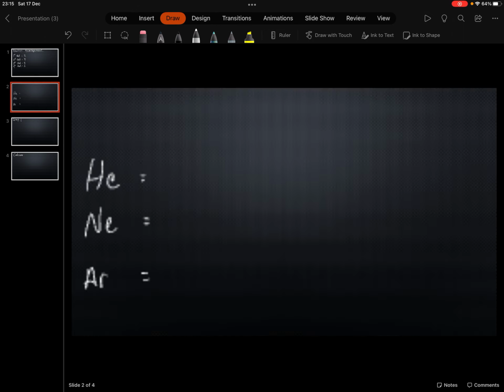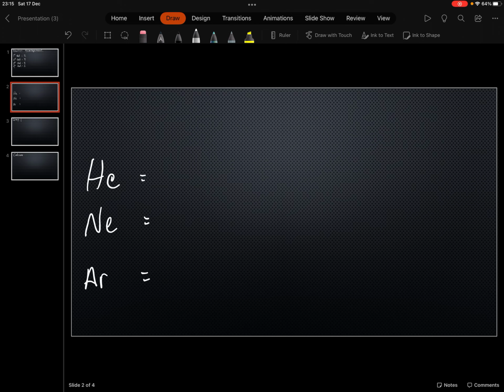Okay, now let's have a go at arranging electrons on these atoms. So these elements here are some of the noble gases. You've got helium, which has 2 electrons.